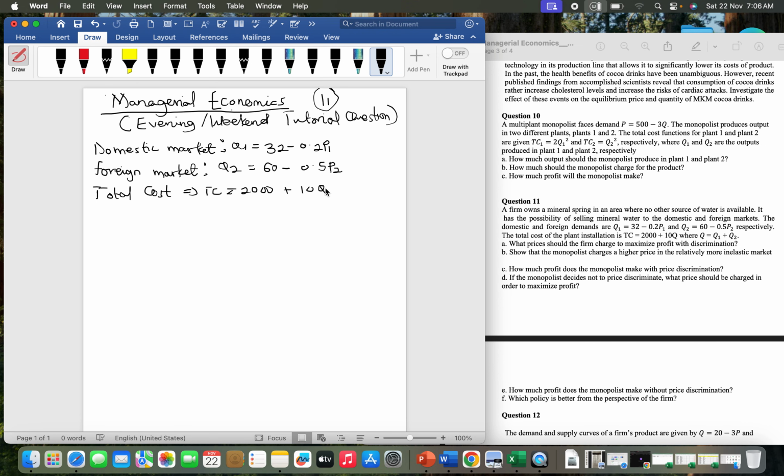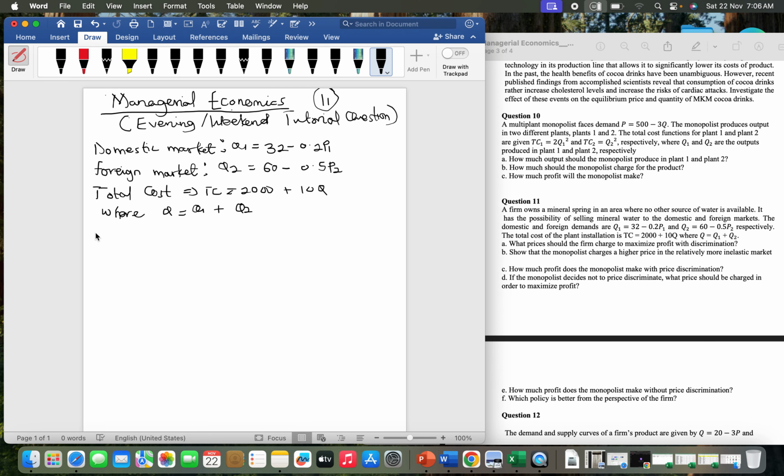So we have domestic market, Q1 is equal to 32 minus 0.2 P1. You have foreign market. You have total cost. Now they gave us a condition stating that Q is equal to Q1 plus Q2.